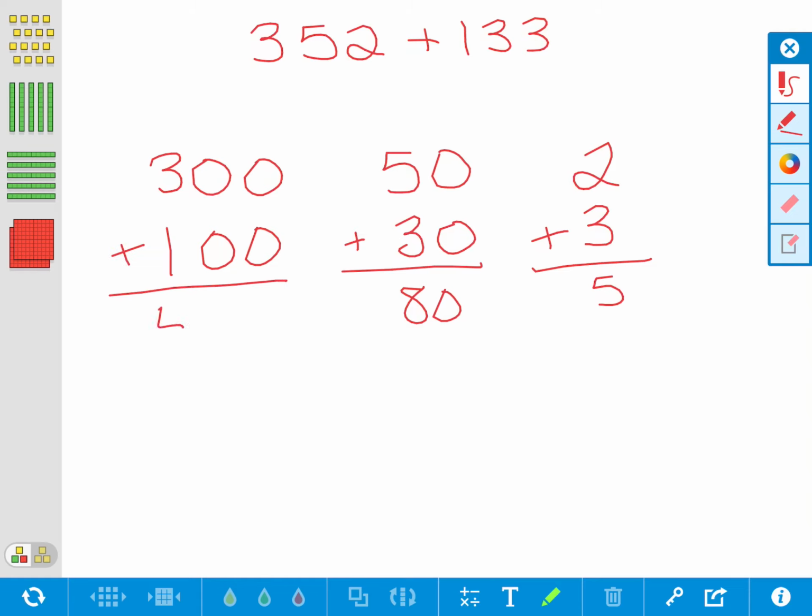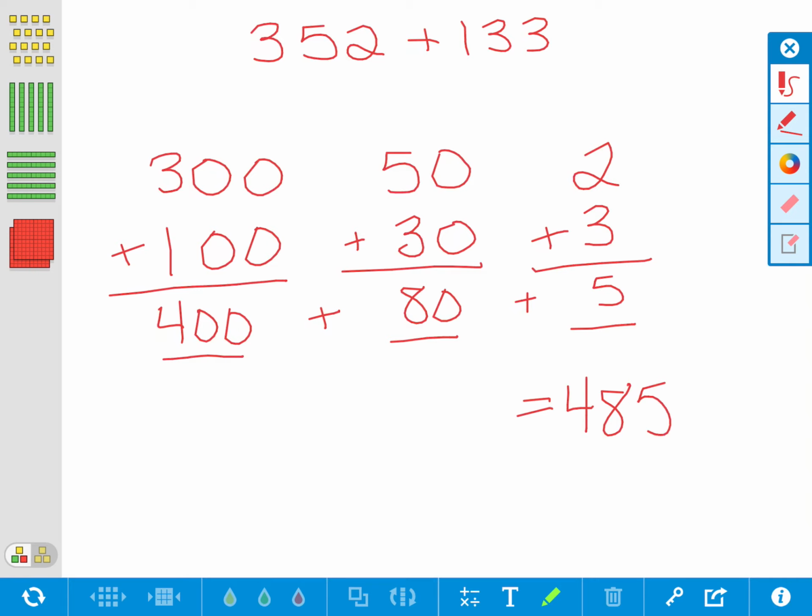And 300 plus 100 would be 400. If I combine all of those, I've got 400 plus 80 would be 480. Plus 5 equals 485.